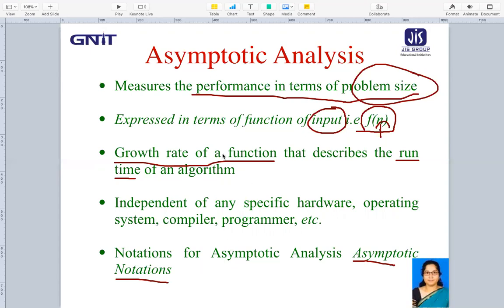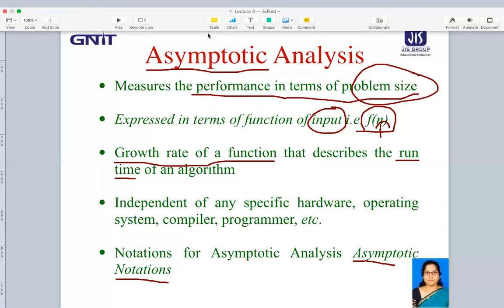If you write an algorithm for any system, that algorithm is going to give you the same complexity irrespective of the platform or compiler. Why this term asymptotic? I will come to it in my next slide. But basically, it measures the performance of an algorithm in terms of the problem size.